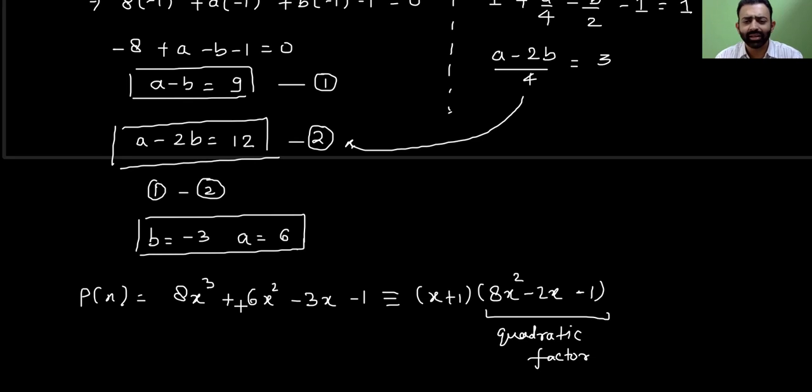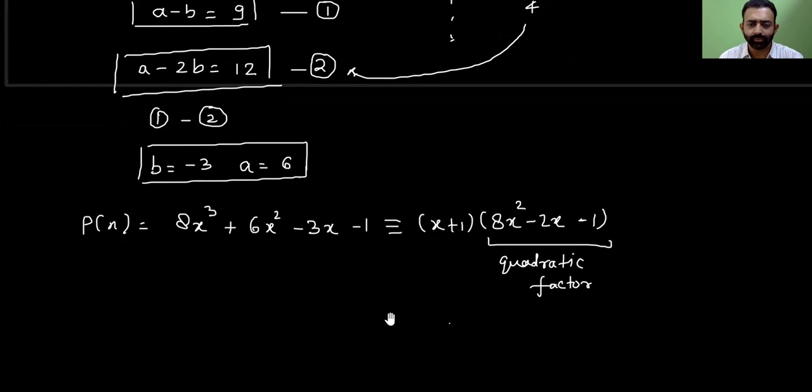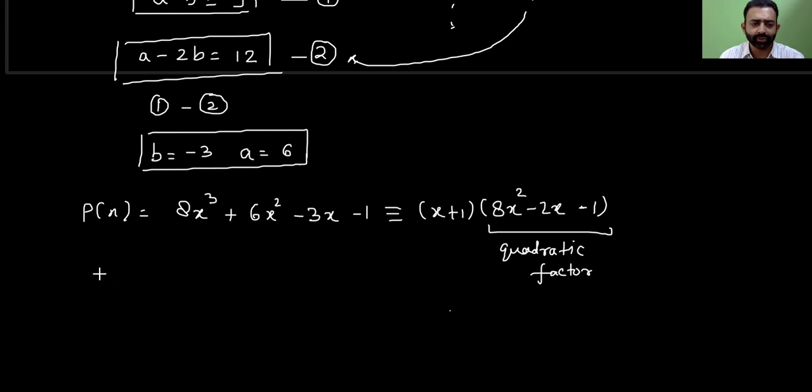Now can we again factorize this quadratic factor into some linear factors? Let us see, you need the product of 8 and you need the term as -2. Of course, we have two factors, which are 4 and 2. Let us check this. So 8x square minus 2x minus 1 can be factorized as 4 into 2, so 8x square, and you need -8, that means -4x plus 2x.